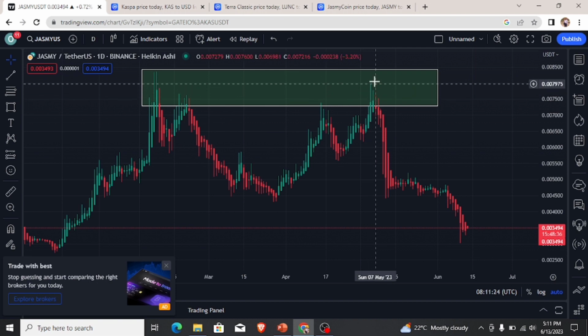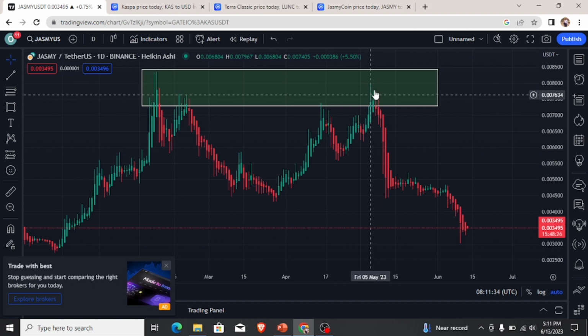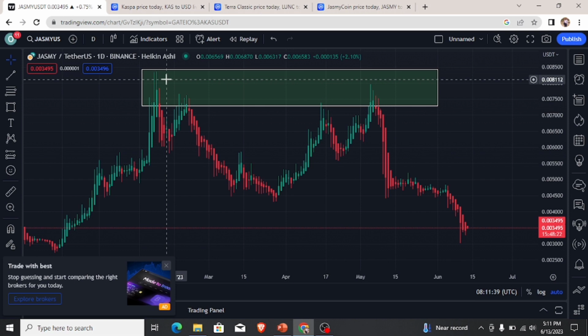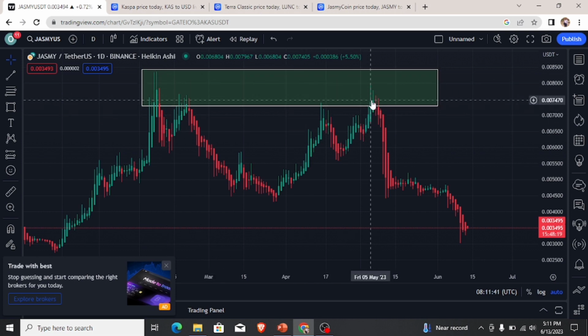Now what I see within this region is that the buy momentum is not strong enough to break above the previous resistance, and so the pressure of the buyers is very weak and it couldn't break above the previous resistance.